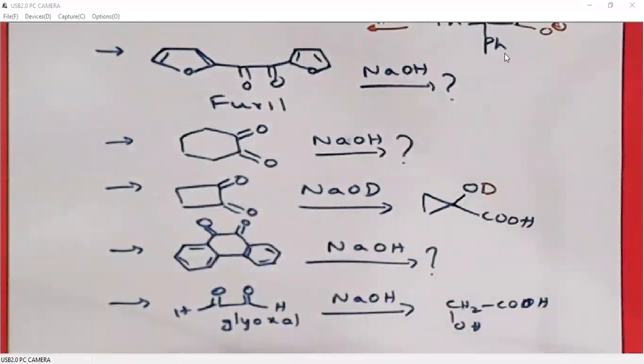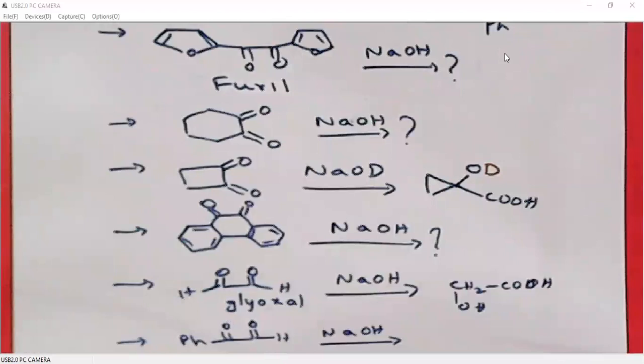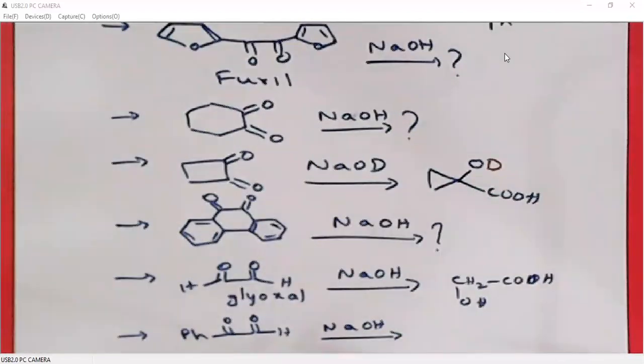When we have a ketone and an aldehyde, then where will this OH minus attack first? Whether it attacks on the ketone or on the aldehyde. Among aldehydes and ketones, aldehydes are more reactive. So that is why OH minus will attack here.